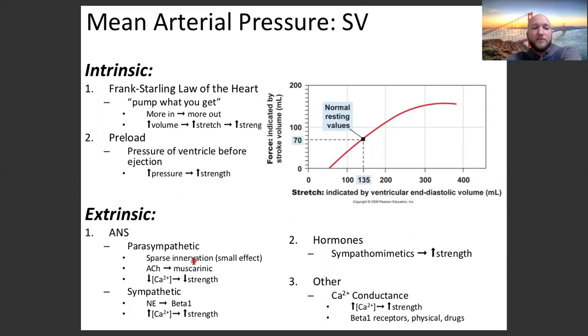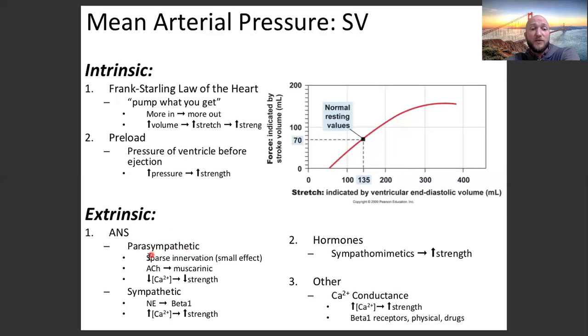Extrinsic control. Extrinsic control is going to be our usual suspects: the autonomic nervous system and hormones. So we have the parasympathetic nervous system again. Now, some sources will say that there's no parasympathetic innervation of the ventricles, only of the nodal tissue.